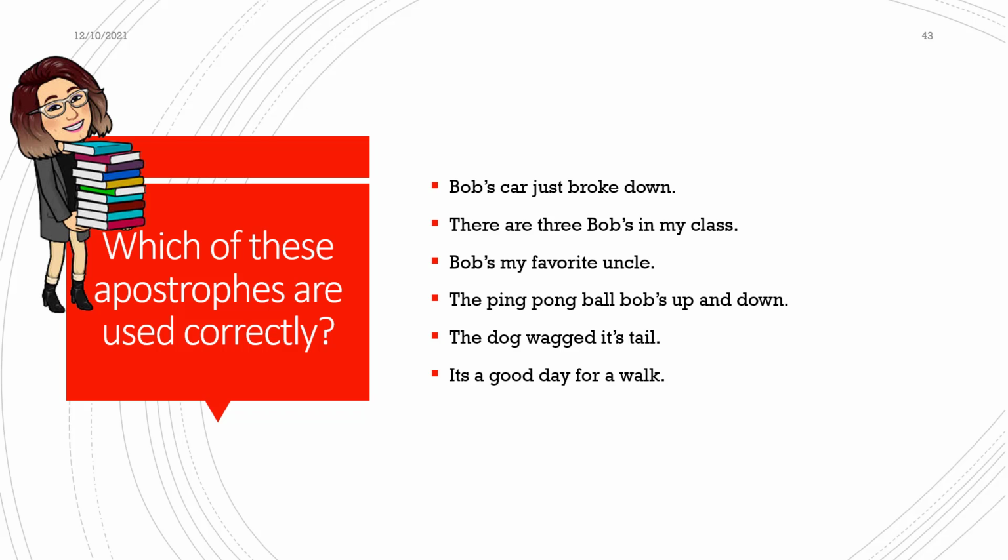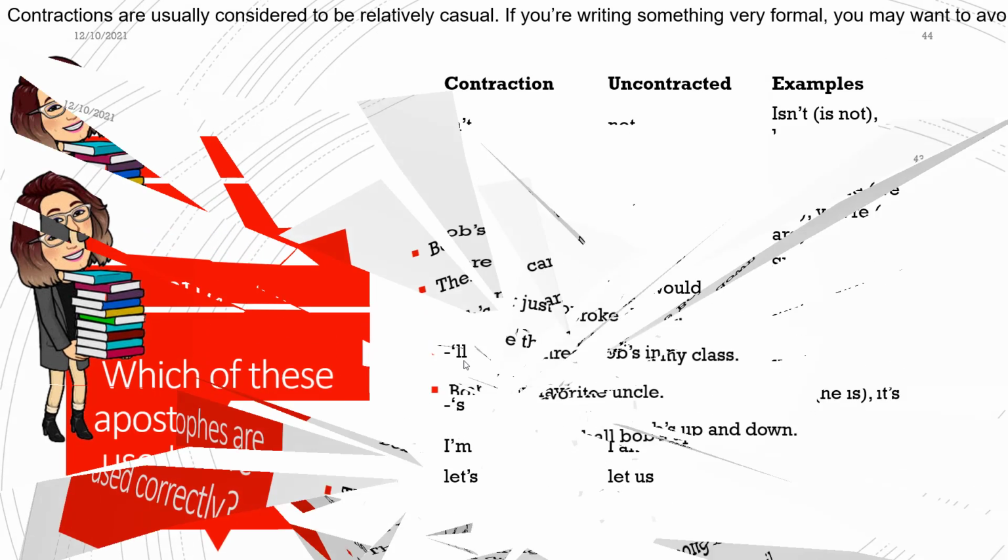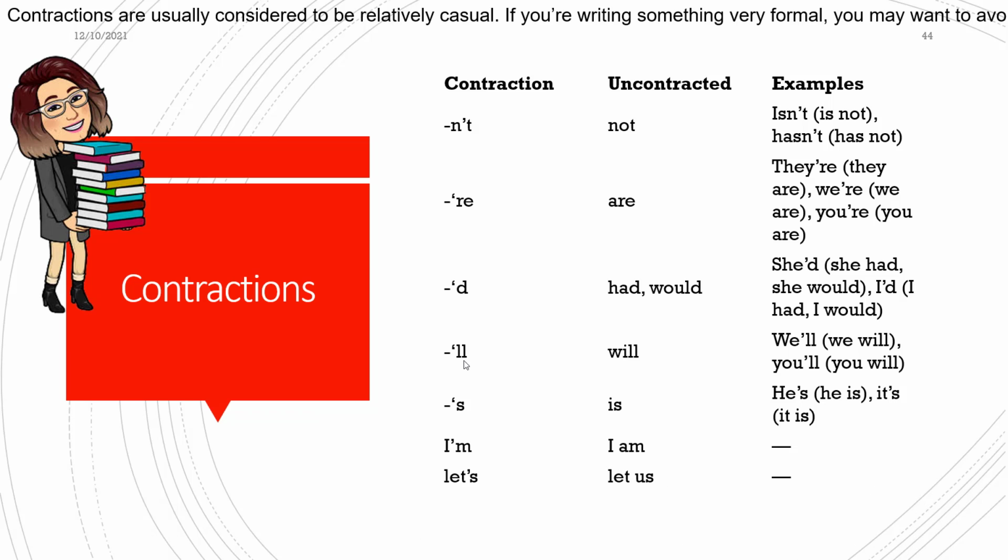And in this one, you do need an apostrophe, because the apostrophe is used for possession and for contractions, like it is a good day for a walk. So you need to write the apostrophe. I know that sounds really confusing, but this is how we use apostrophes in contractions. So apostrophes are used to show possession, and to show contractions.